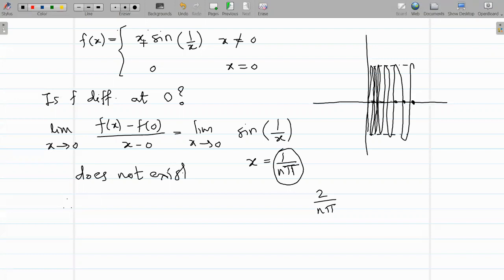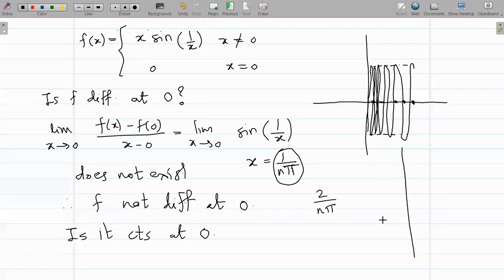So I can say that f is not differentiable at 0. That's a correct guess. But before I move ahead, I have a question. Is it at least continuous at 0? Yes, the answer is yes, and you can do it simply by sandwiching it between x and minus x, because x sine 1 by x behaves like this.